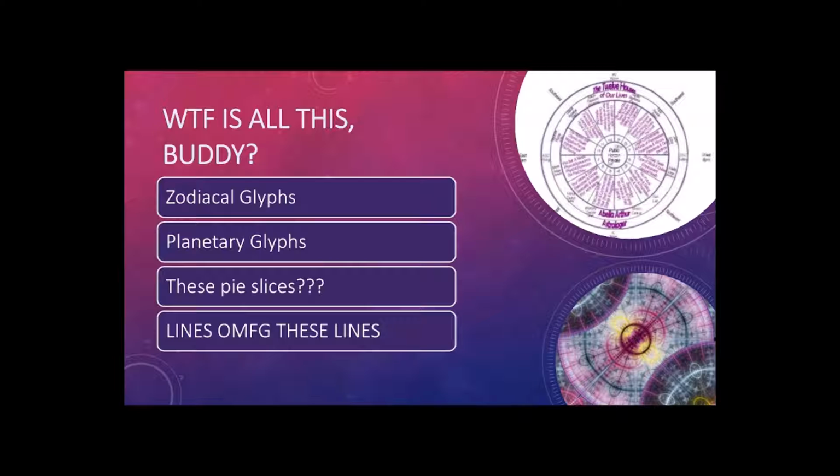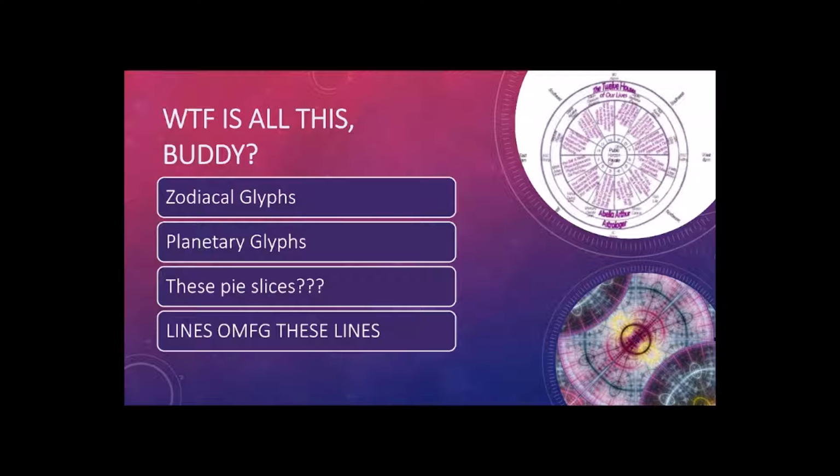The glyphs, or the symbols, glyphs is the same as symbols. The symbols or glyphs referring to the signs of the zodiac, Aries through Pisces. The planetary glyphs are symbols which symbolize the planets, Sun through Pluto, and any asteroids or other points that you're including.